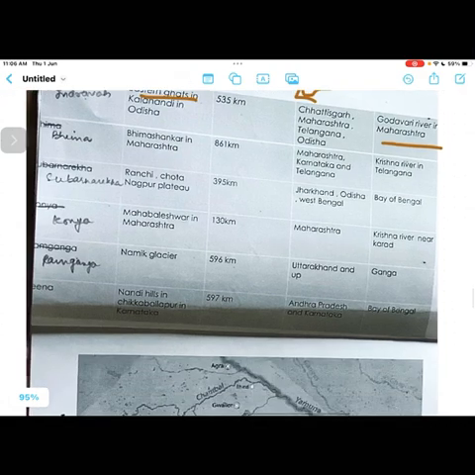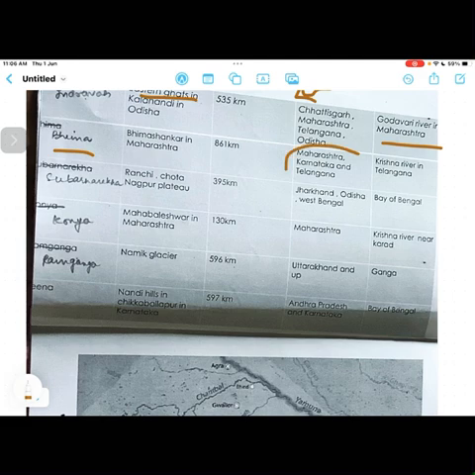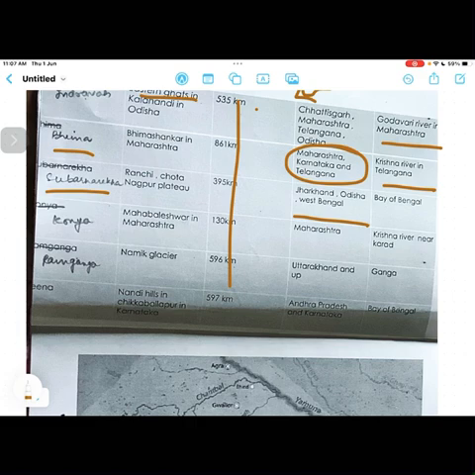Then is your Bhima river, which is there in your Bhimashankar in Maharashtra, passing through Maharashtra, Karnataka and Telangana, and meeting up in Krishna river, right? Then is your Subarnarekha, your Ranchi, Chota Nagpur Plateau, and these are not important, you can also delete them. So Jharkhand, Odisha and your West Bengal, and meeting in your Bay of Bengal. Then is your Koyana river.